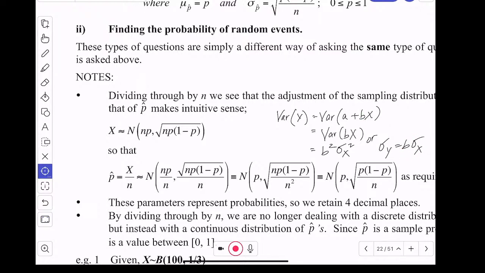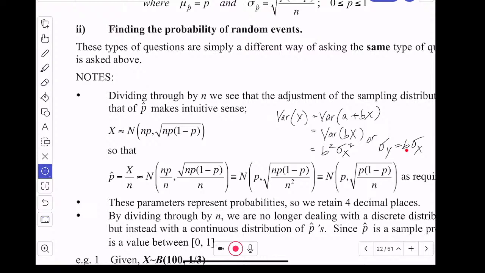So I multiply by b, but not the a part. The a part drops out because the shift doesn't affect the spread of the distribution. So if I'm talking about the variance, I have to square it. But if I'm talking about the standard deviation, it's just the b. So that's what's happening here.